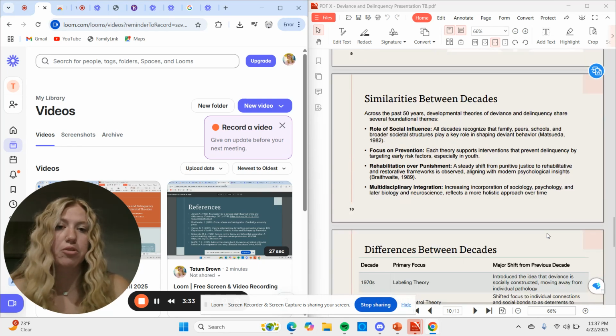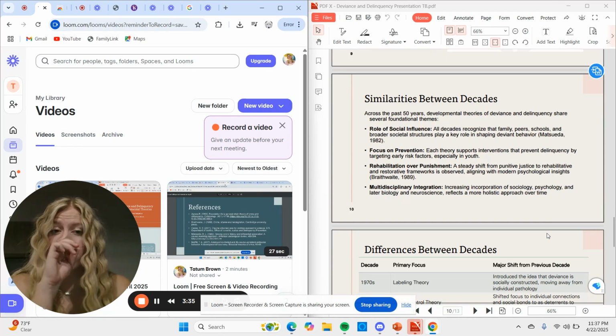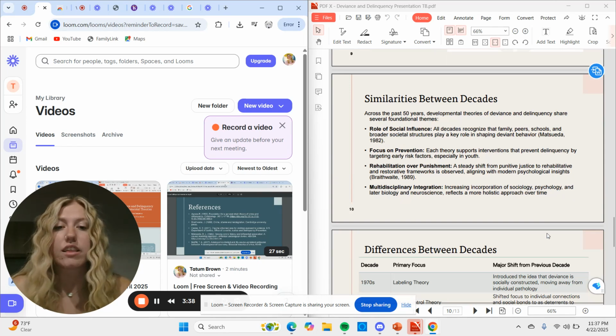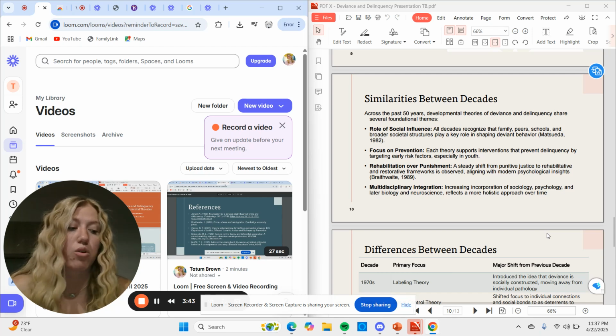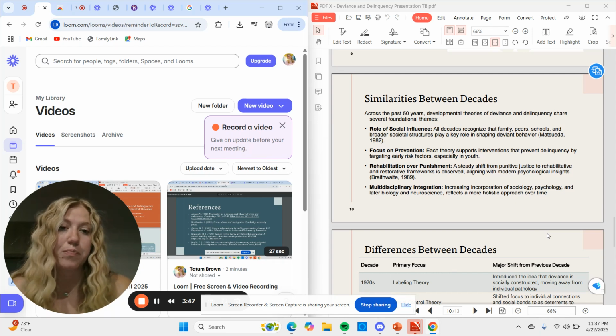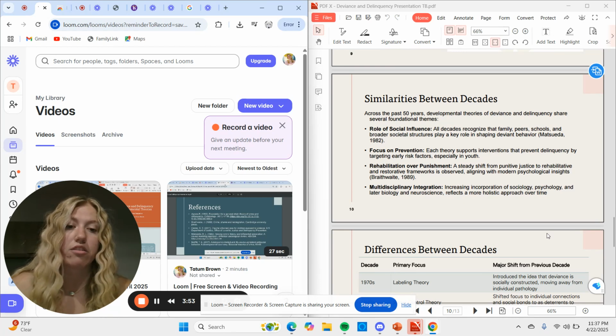So, the similarities between decades. Across the past 50 years, developmental theories of deviance and delinquency share several foundational themes. The first is the role of social influence, then the focus on prevention, rehabilitation over punishment, and the last is multidisciplinary integration.